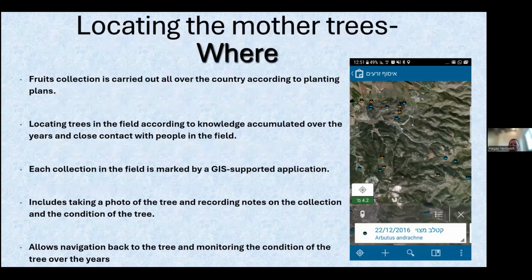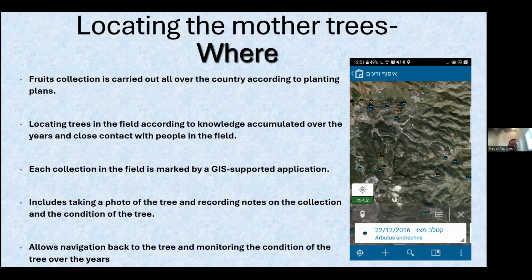So let's start with the answer about where. Here in Israel, we have a GIS application, and each tree that we collect from, we just mark it in the GIS.